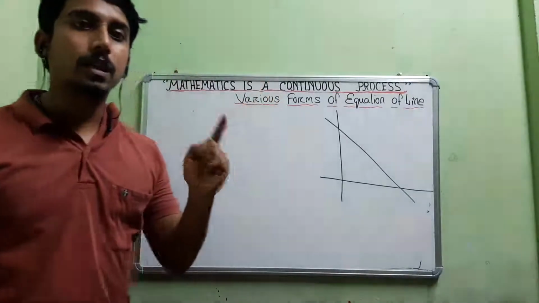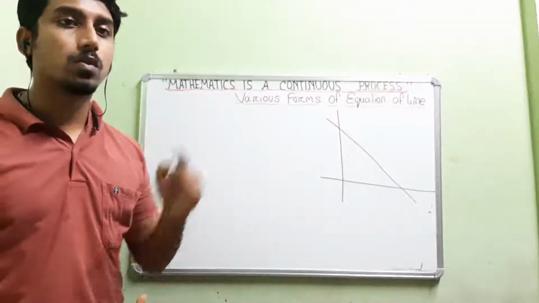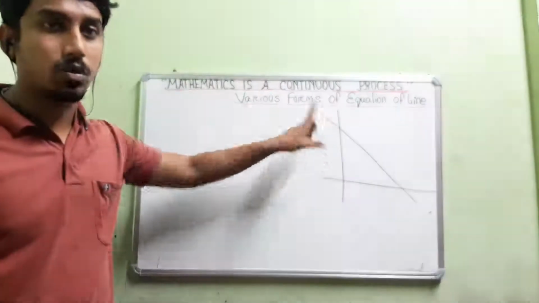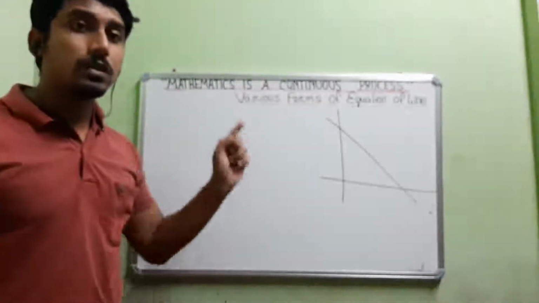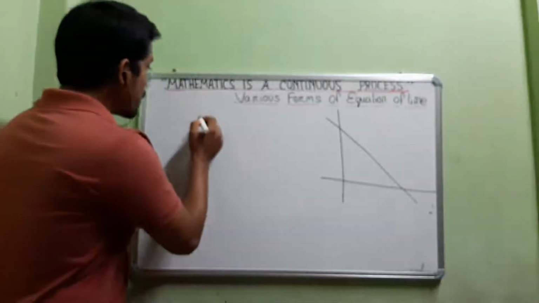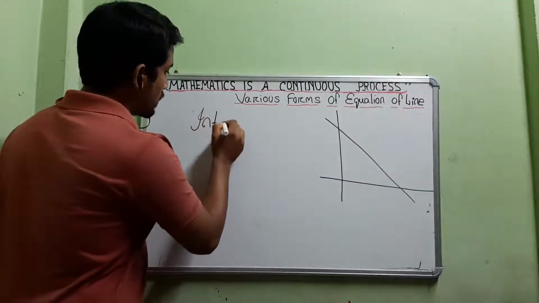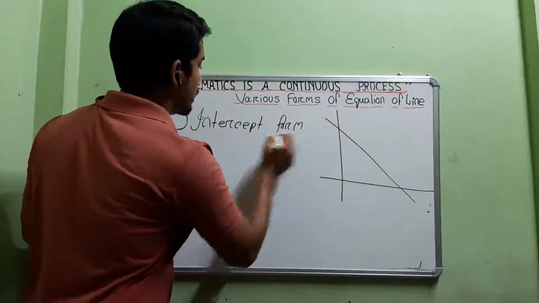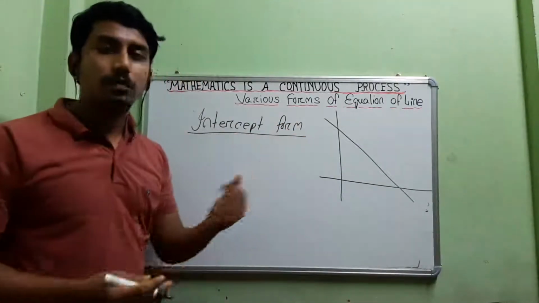Previously the first form was y equals mx plus c, where c was specifically the y-intercept. That was the slope intercept form, where the slope should also be given. But here the form is the intercept form. No requirement of any slope.